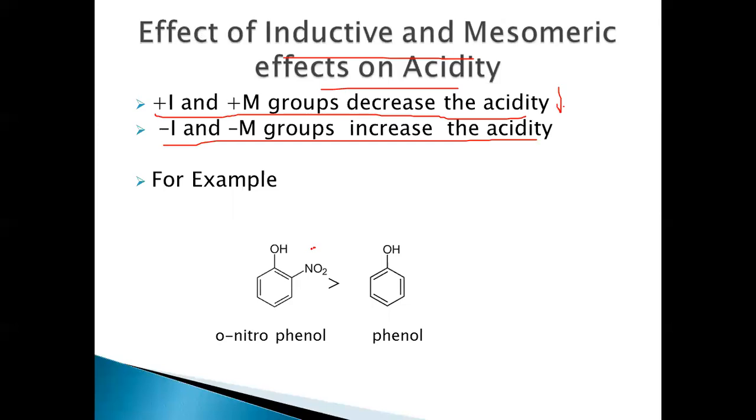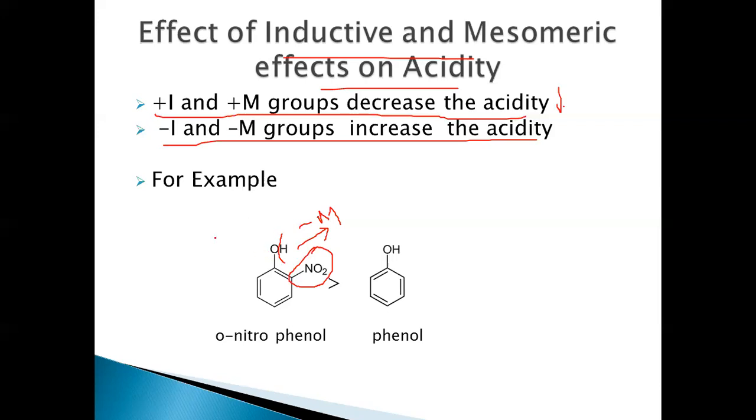For example, the nitro group here is an electron withdrawing group, that is a minus M effect group. It will decrease the electron density on the ring. If it decreases electron density on the ring, it's decreasing the electron density on the OH oxygen, which is donating the proton.